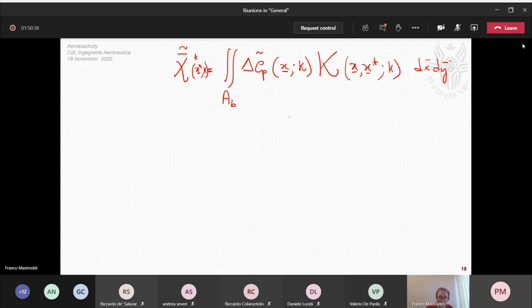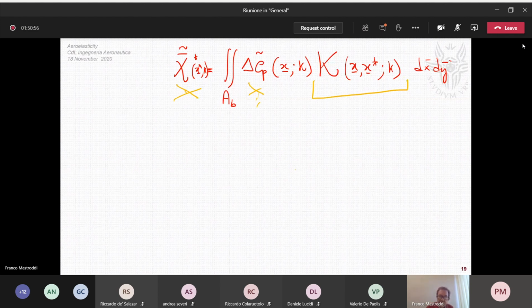Okay, so you have an integral relationship between normal wash and Cp. And this is known as a kernel function.